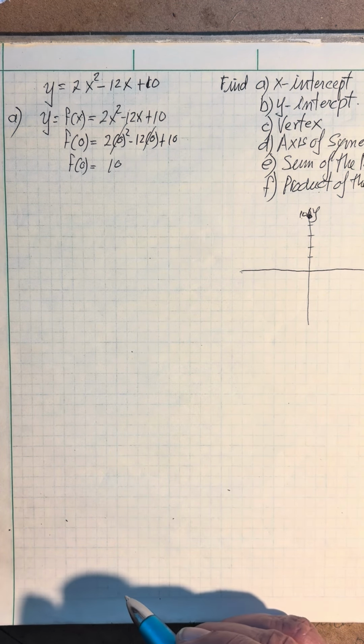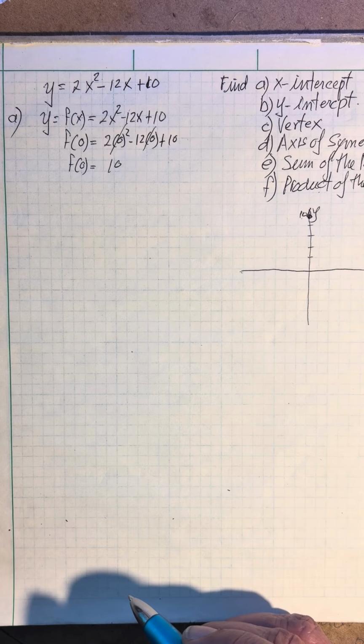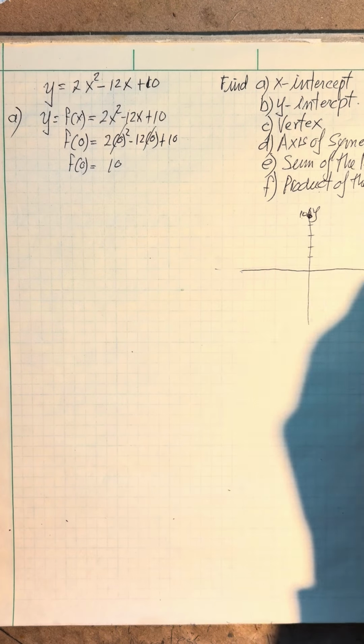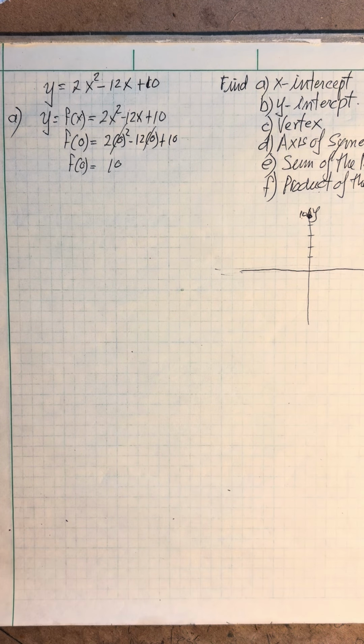Now we're going to find the x-axis, the point where y is 0. So y is 0 anywhere in this line here, which those points are actually the roots.